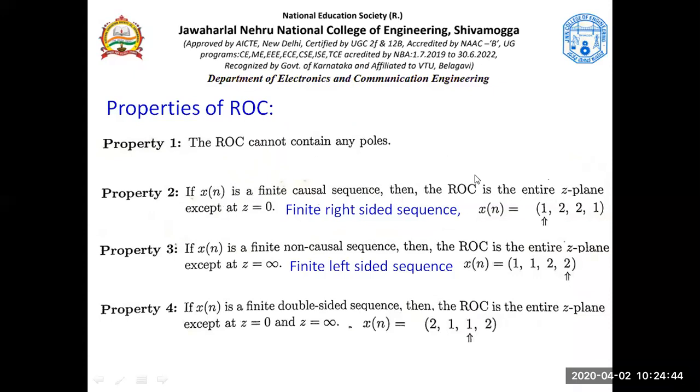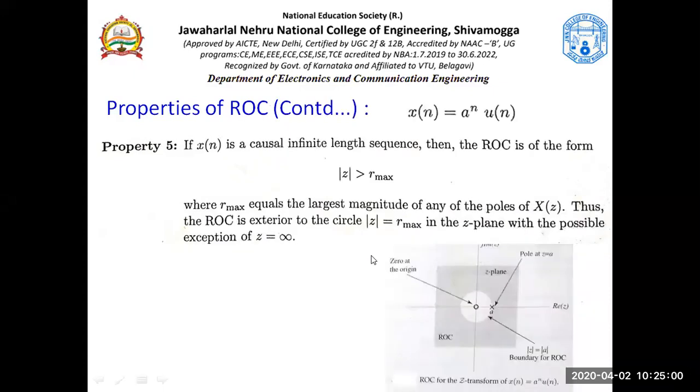They are not saying that for this particular finite causal sequence, no, for any finite causal sequence. So they are making the statements general. We understood all this taking these examples, but when writing the ROCs, they are generalizing the statements. If you have to generalize, you need to be really good with the examples that you have discussed.